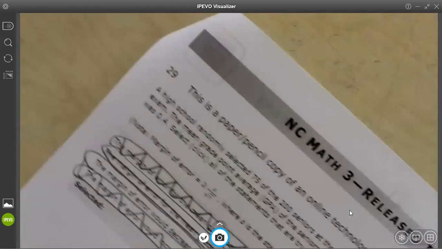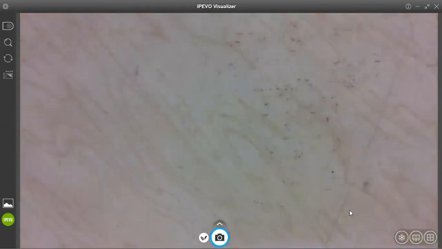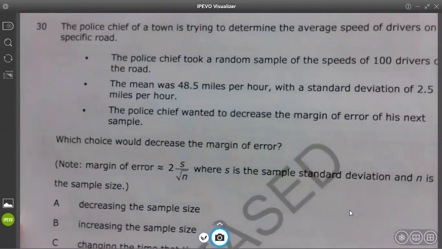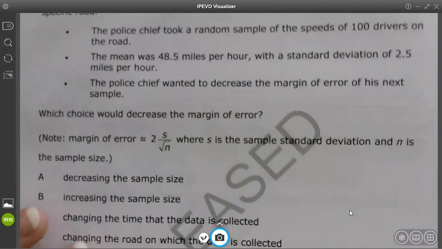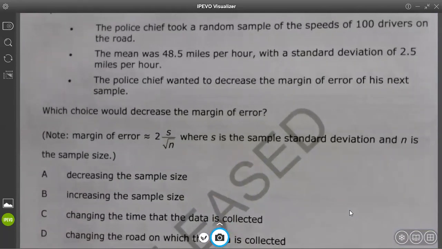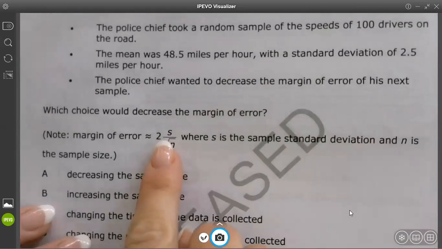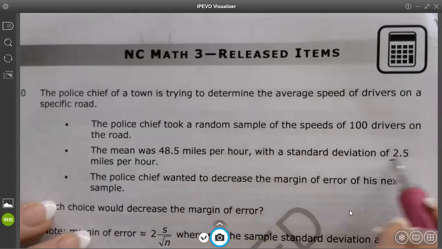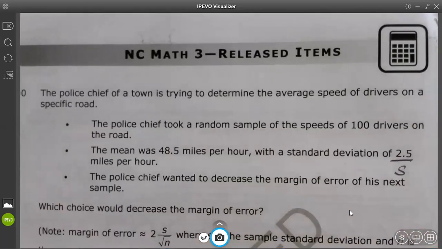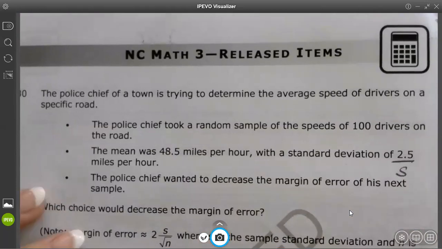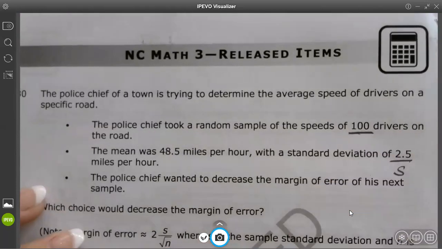All right, let me keep looking. This one is pretty much the same. It says which choice would decrease the margin of error. So there's your margin of error, again the same formula. Your S is your standard deviation, so if you look up here, here's your S. And N is the sample size, a random sample of 100 drivers.